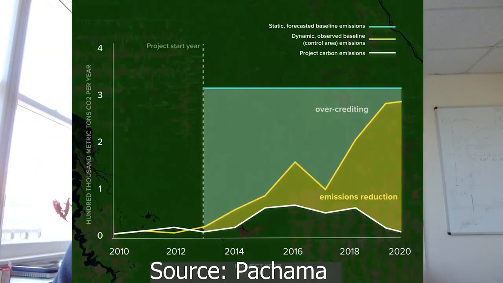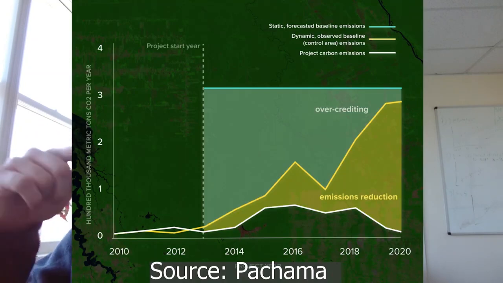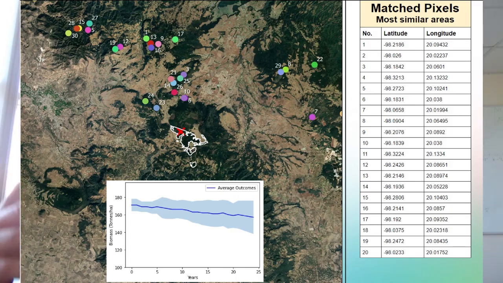And so putting them together, the way that you usually create a dynamic baseline is that you create a set of plots inside your carbon project, identify similar plots outside the carbon project, and follow the difference between those two over time. And each year you recalculate the numbers and you say, okay, in 2024, my control plots outside the project, 2% of them, for example, were deforested, or 5% of them were reforested and had trees planted on them.